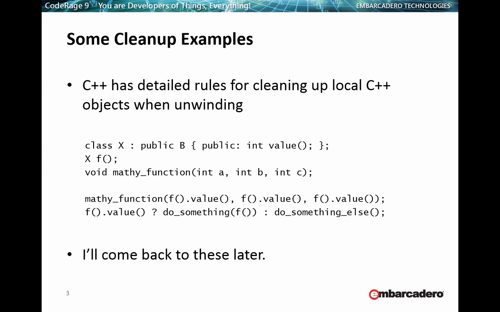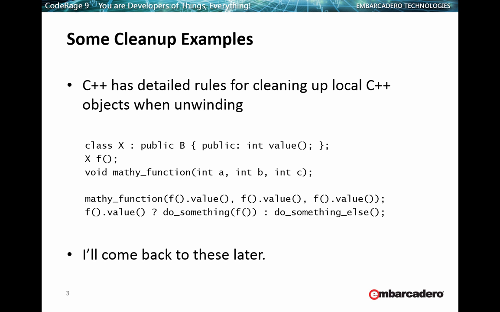So the semantics are actually quite specific and detailed, and underneath the covers there's a lot going on inside this simple call to mathy function in terms of doing the bookkeeping on what object has been constructed and what object hasn't. And in the event of an exception being thrown out of one of these calls, the right things have to be cleaned up.